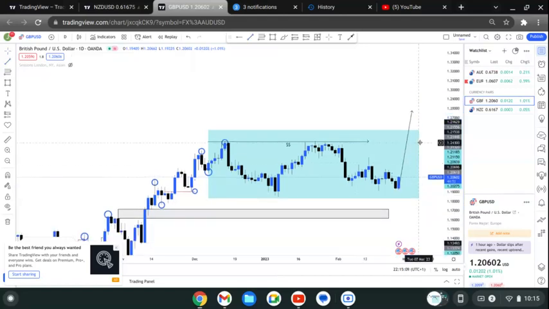So if this happens, then I'll be involved in GBP USD looking for buys. Maybe it breaks structure, pulls back, gives you that clean setup.